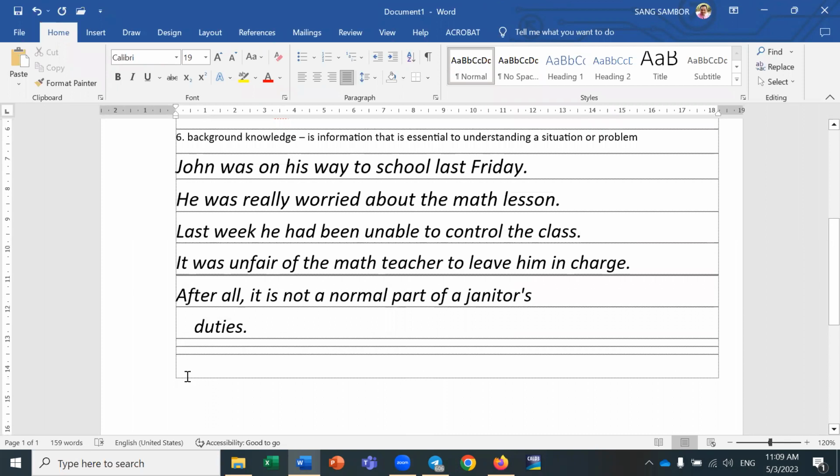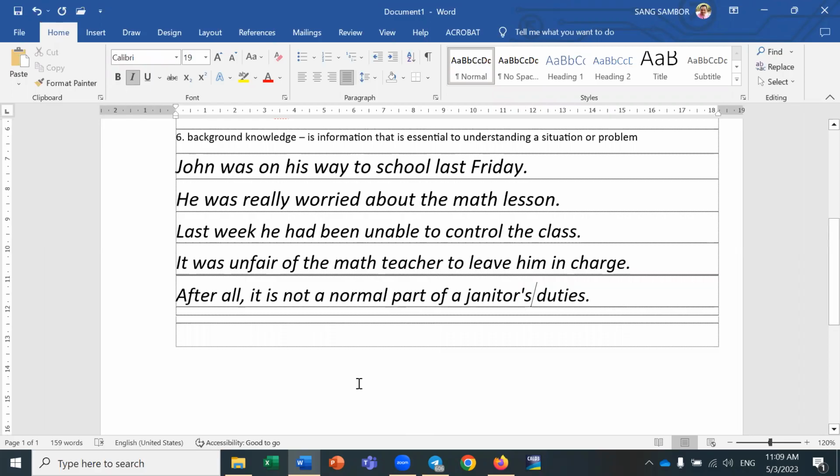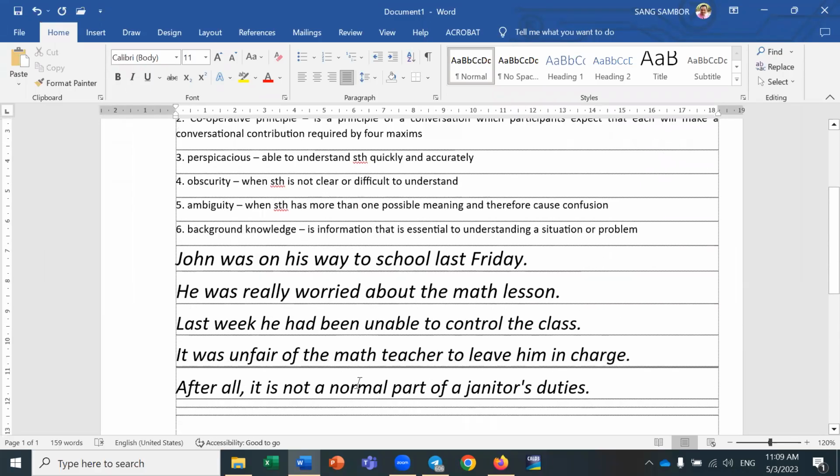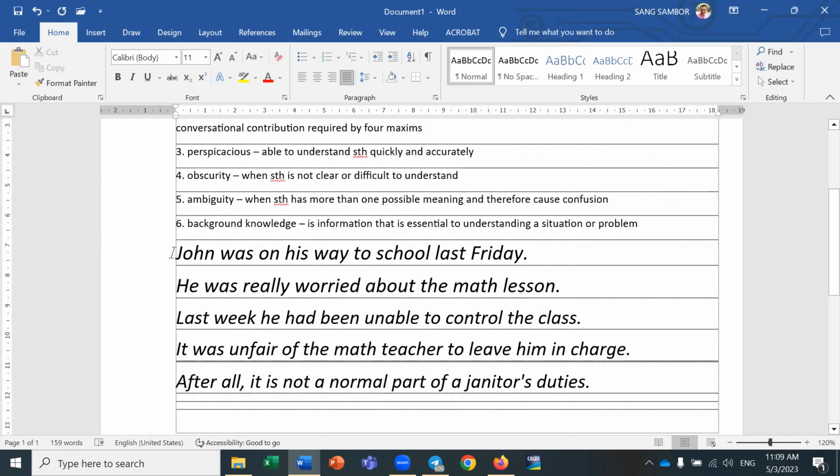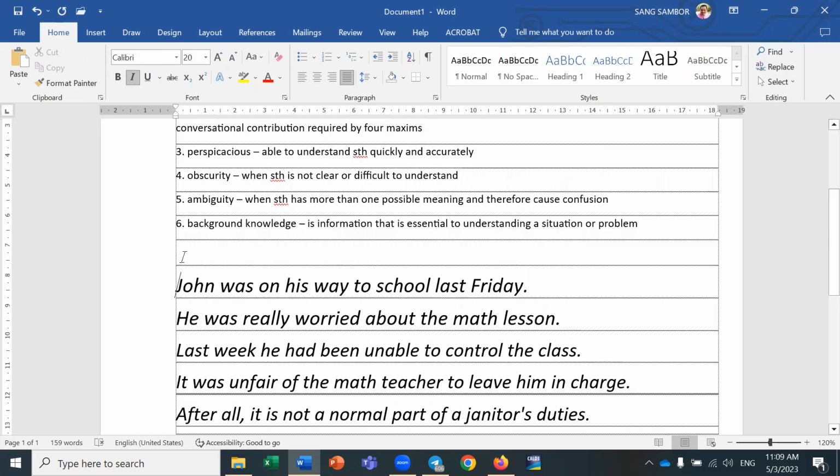I think if you read it one after another, you will find it easy to understand. But if it's split here, since you don't really understand, you don't know who John is, and then it's very difficult for you to understand the ideas, the meaning. Okay, so background knowledge is very important here in taking part in any conversational interaction.